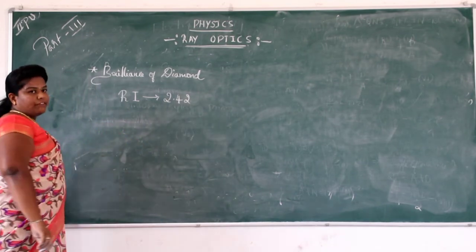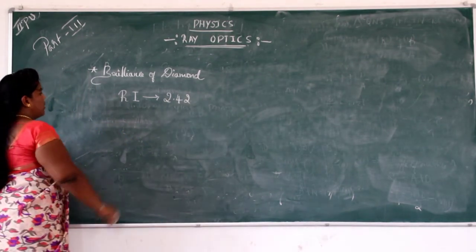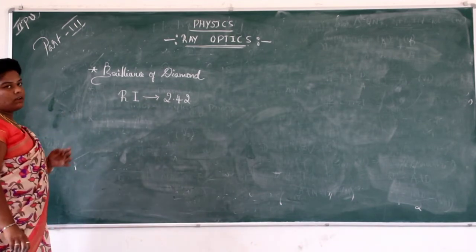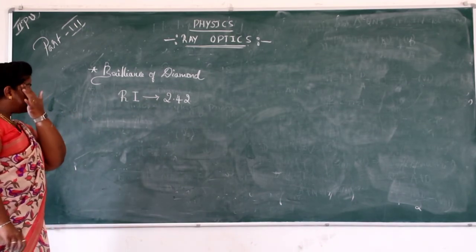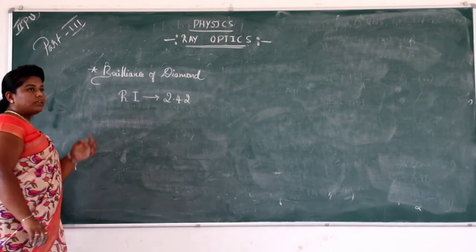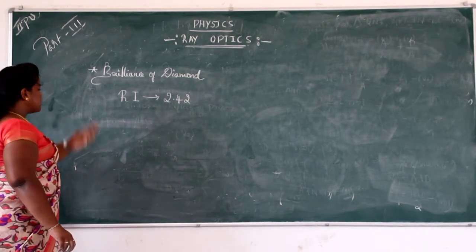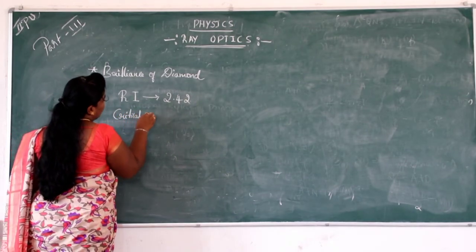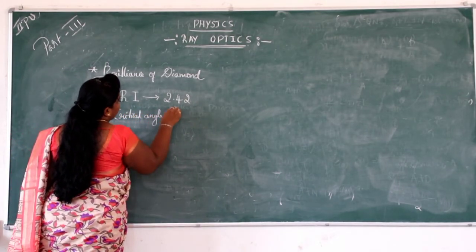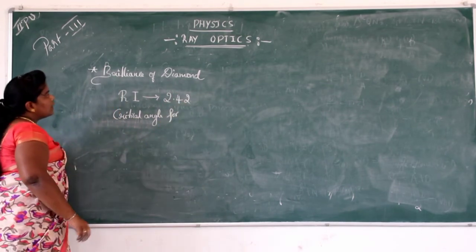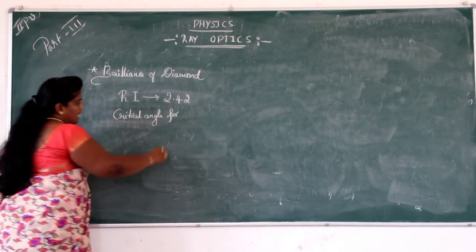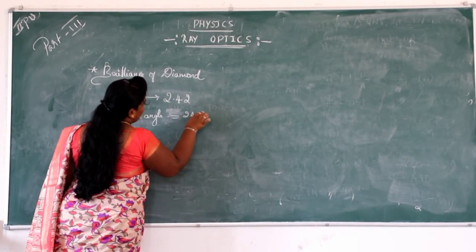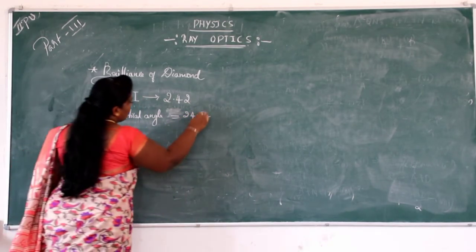When we come towards the critical angle, because for the phenomenon of total internal reflection we should know the value of the critical angle, the critical angle for the diamond is 24.2 degrees, right?